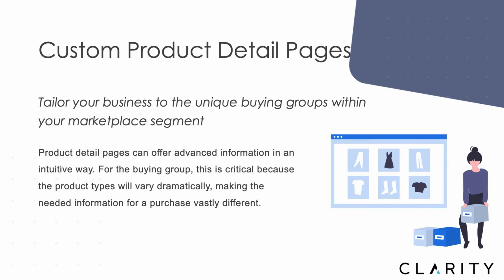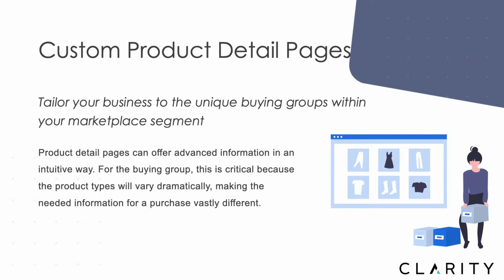So I want you to talk briefly, just go ahead and give your definition. Obviously I've guided people so they know what page we're physically talking about, but go ahead and talk specifically about what that page really is. Absolutely. Thanks, Ron. One of the things I like to think about with buying groups on the product detail page is this is where someone's going to be determining what quantity they're going to need to purchase of something, maybe what the price break is based on their particular account.